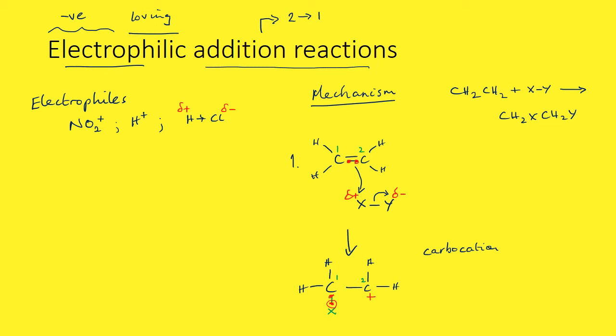Now, we also have to draw in the rest of the XY molecule. Y now has a negative charge because it's got an extra electron. Where did that extra electron come from? Let me draw that in. Let's move to purple.